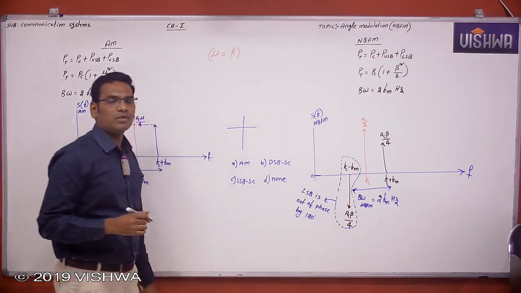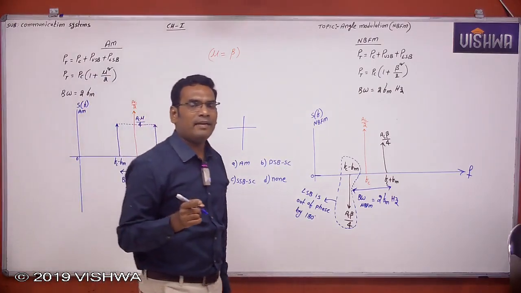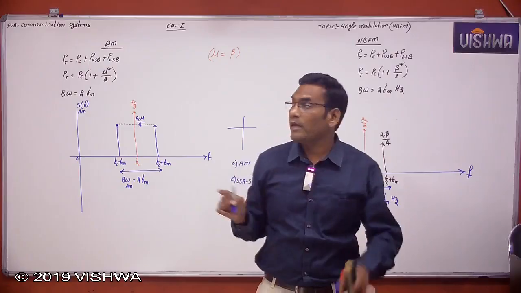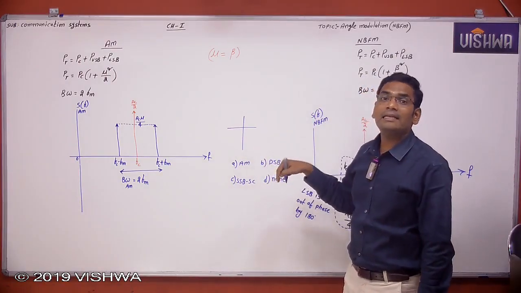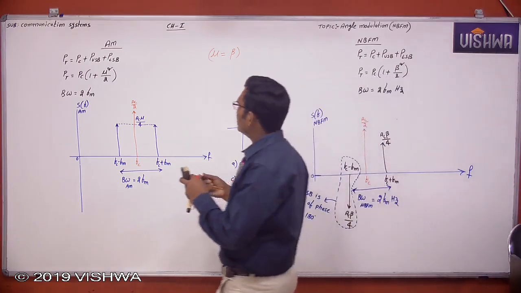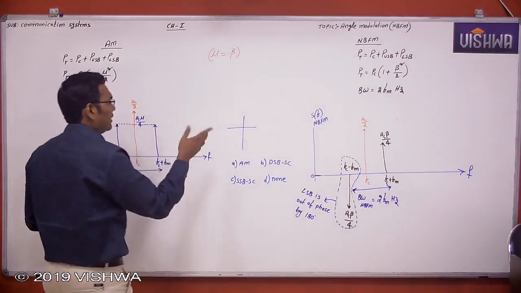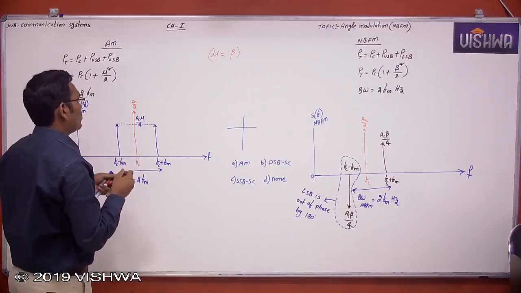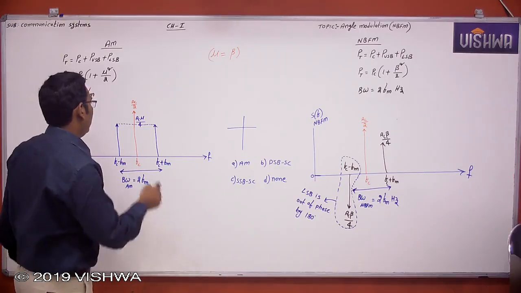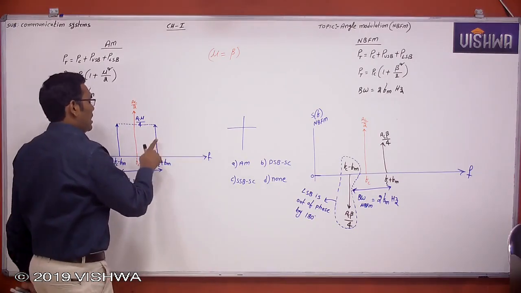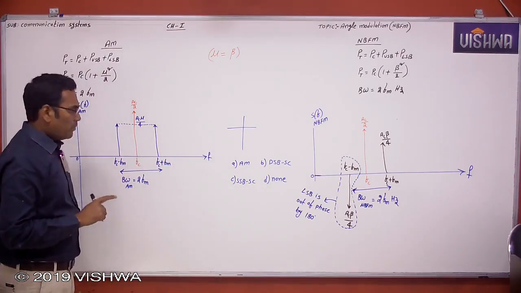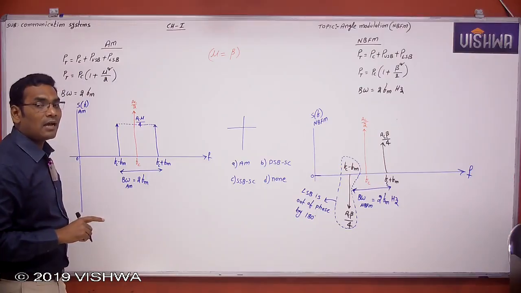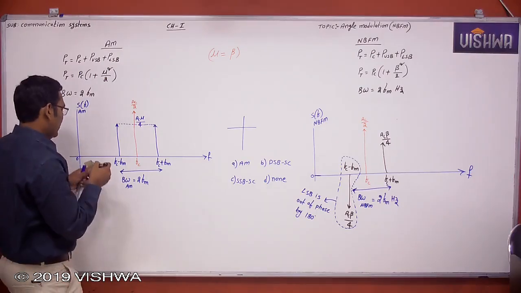Once again, repeat the question. AM and narrowband FM signals have the same modulation index and are added to each other. Then the resultant signal is dash. See here, mu equal to beta, so not an issue. If you add carrier, upper sideband, and lower sideband, these two lower sidebands are out of phase by 180 degrees.